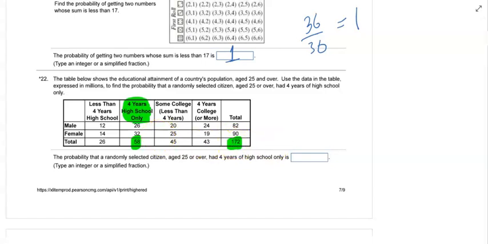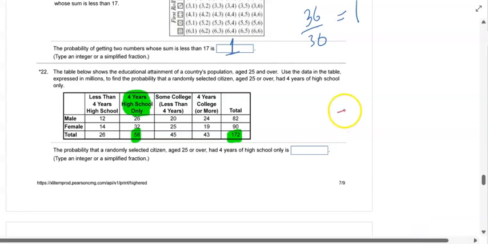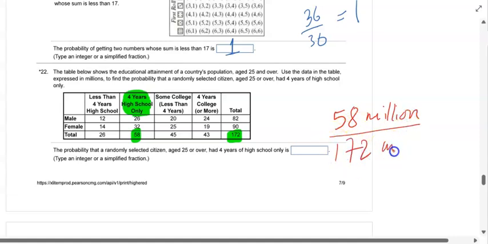Therefore, what we're doing here is 58 million divided by 172 million. You don't have to write the million because the millions cancel. That's the probability. In other words, out of 172 million total people in the survey, 58 million have 4-year high school only.